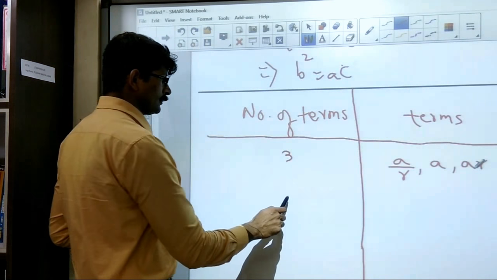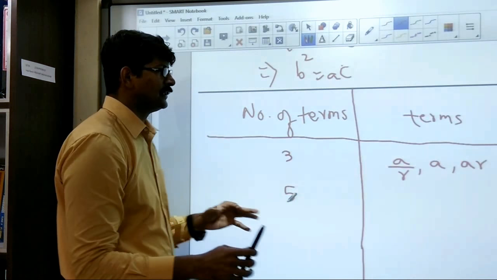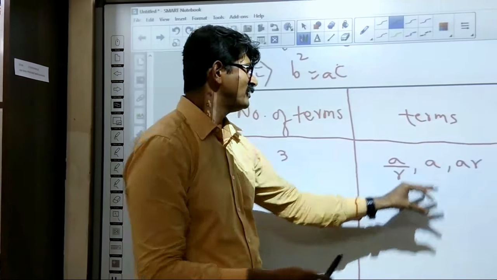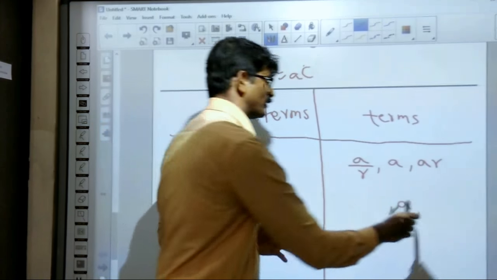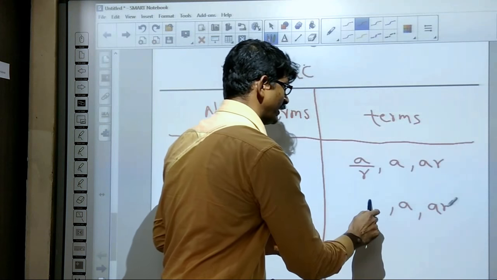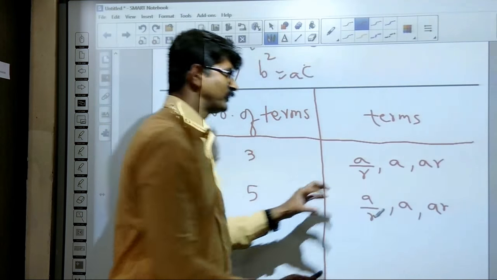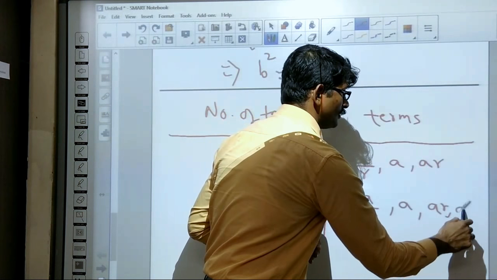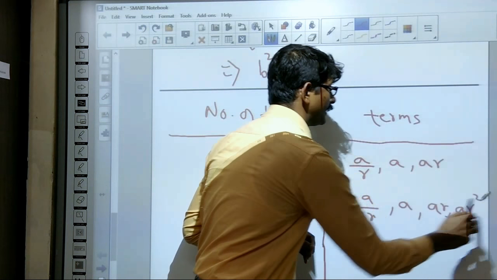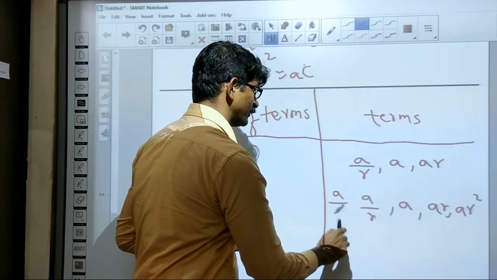In case you were to choose five terms, students understand the middle term will remain the same, A, and then the thereafter term will become AR and the preceding term will become A by R. So this is how we choose the middle three terms, and then the five terms will be like this way: AR square, and A by R square.